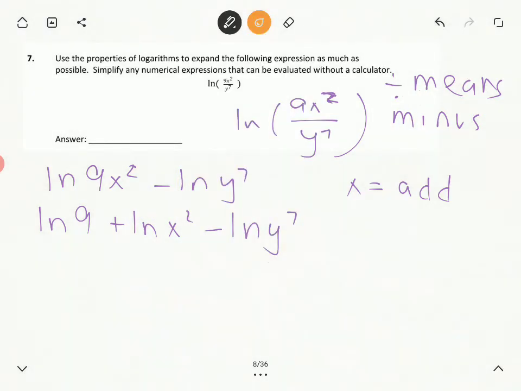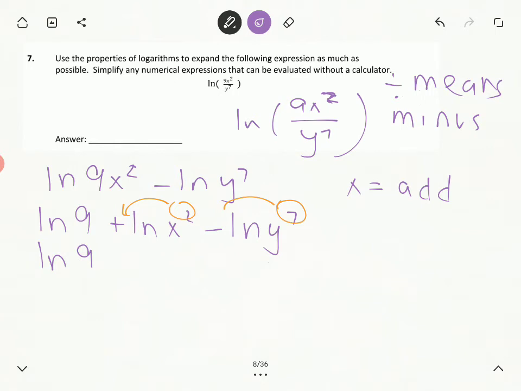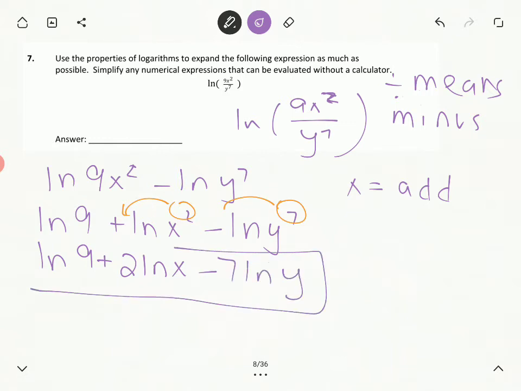Let's take a look at number 8. For number 8, we have 3 times log base 8 of x over 3 minus 5 times log base 8 of 1 over y. So here we want subtraction, we're going to change to division. So we're going to rewrite this as 3 over 5.